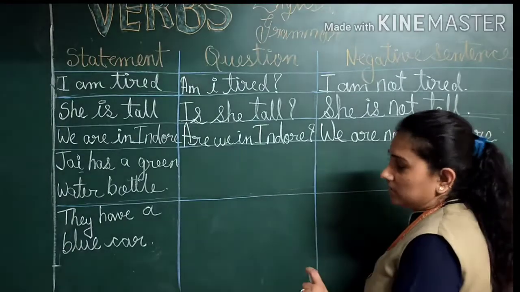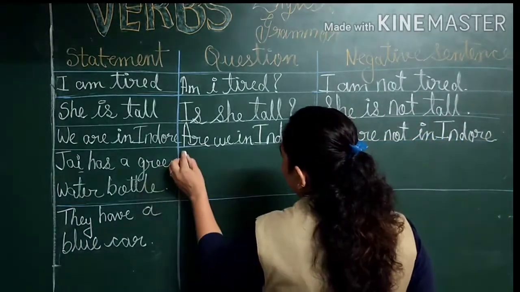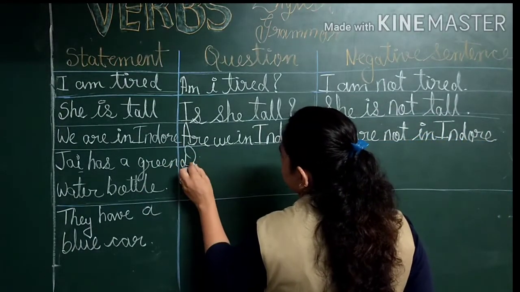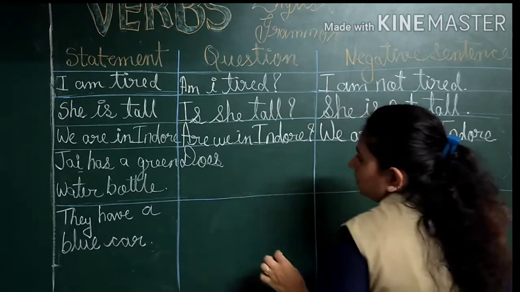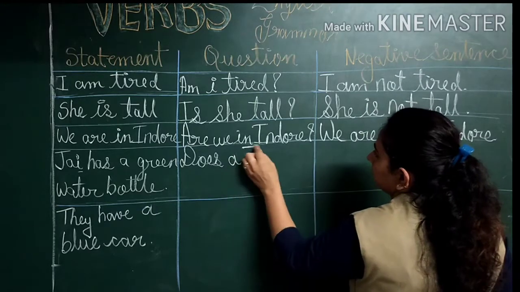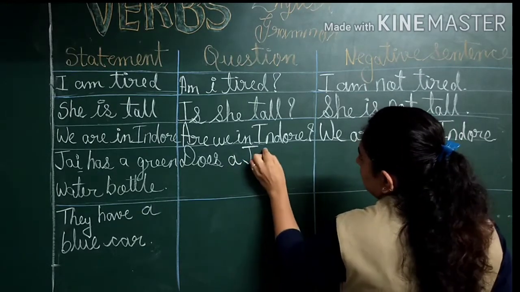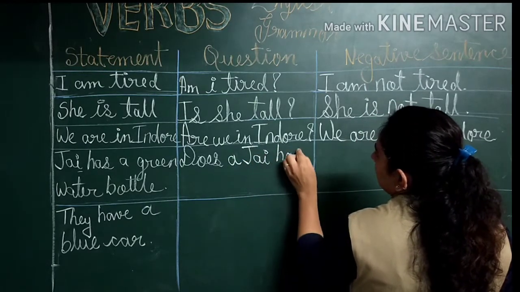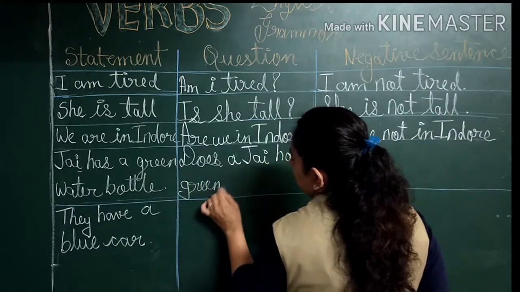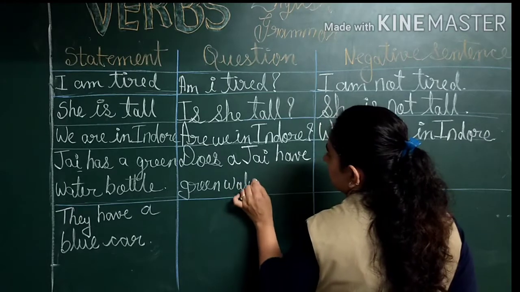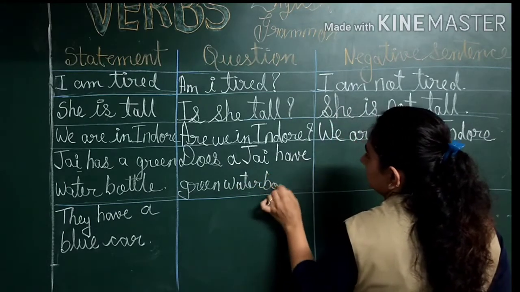So what am I going to write? Does Joy have a green water bottle?